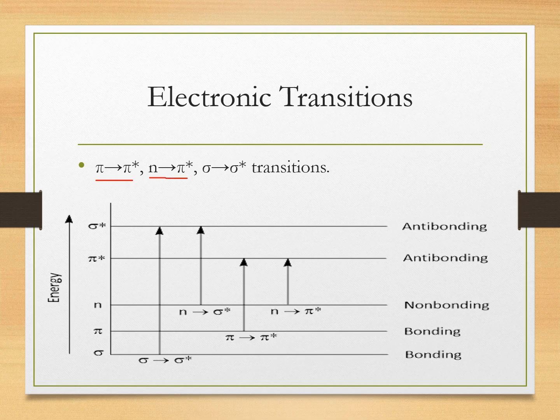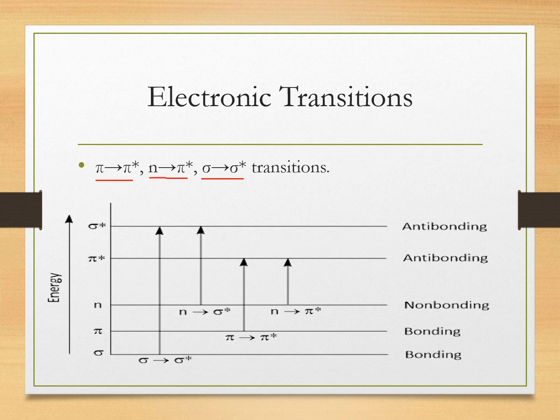N to pi star transitions occur from non-bonding to anti-bonding orbitals. And sigma to sigma star transitions are high-energy transitions rarely observed in UV-visible. Absorption occurs when the photon energy matches the energy gap between electronic levels.